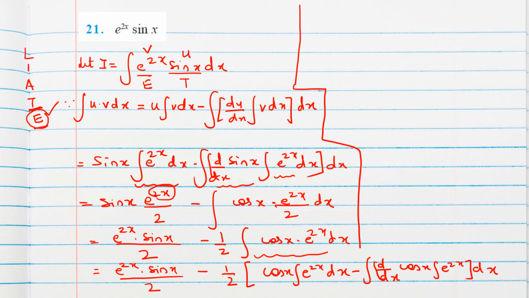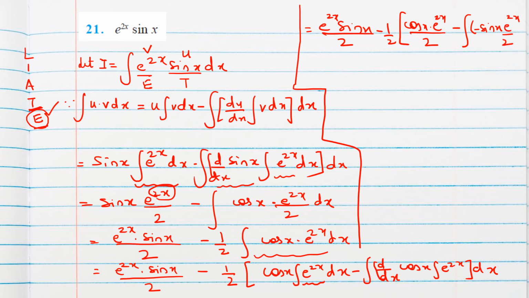So the first term will be the same, e power 2x sine x by 2 minus half. Here also the integral will be the same, e power 2x by 2. For this, minus the derivative of cos, which is minus sine, so minus sine, and e power 2x means e power 2x divided by 2, whole dx.